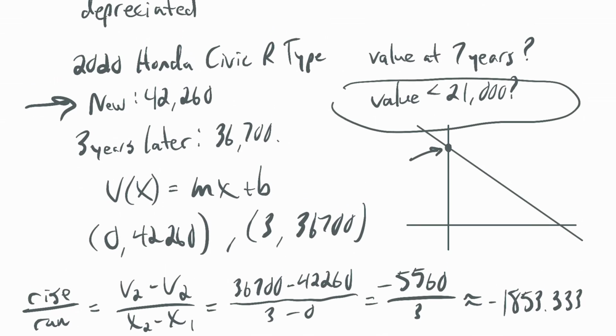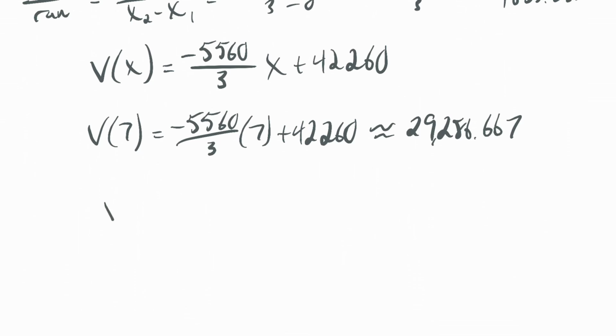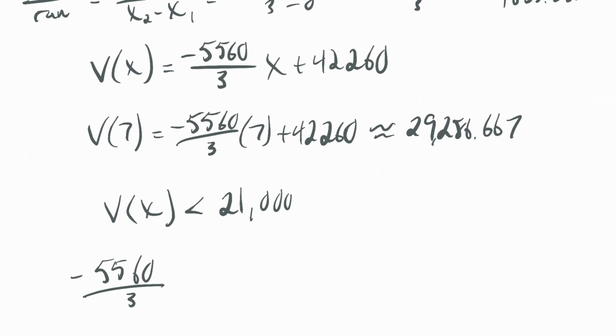Okay, so then I could ask, when is the value less than 21,000? When is v of x less than 21,000? Just plug my linear function in there. Oops, got that backwards. I'm just solving an inequality.